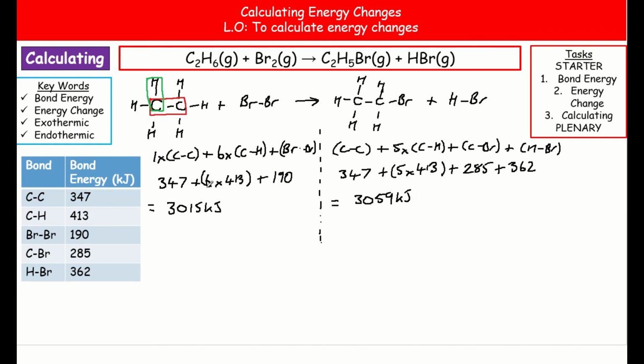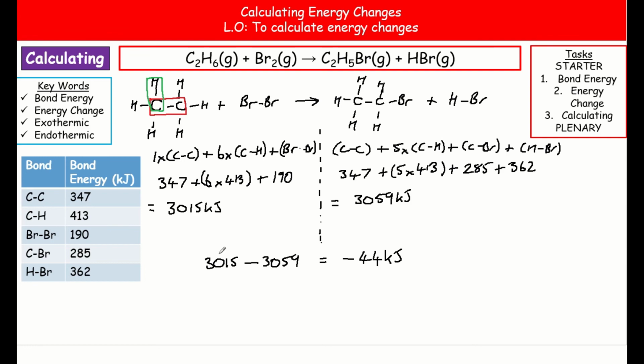So we now know the energy when the bonds are broken in the reactants and the energy when bonds are made in the products. All we then do to work out the actual energy transfer is our reactants minus our products. And that gives us an answer of minus 44 kilojoules.